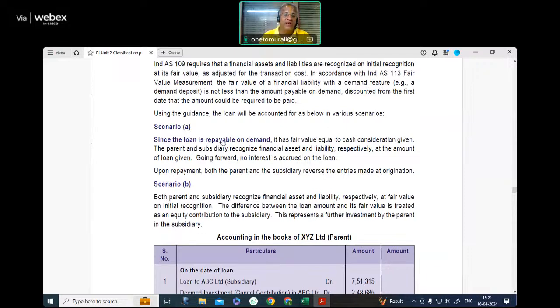Scenario A, when it is repayable on demand. See, since the loan is repayable on demand, its fair value equals the cash consideration given. The parent and subsidiary recognize financial asset and liability respectively at the amount given. Going forward, no interest is accrued on the loan. Upon repayment, both the parent and subsidiary reverse the journal entry made under origination.